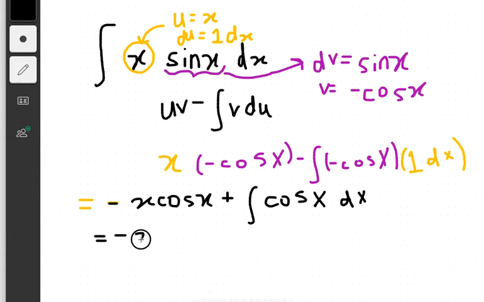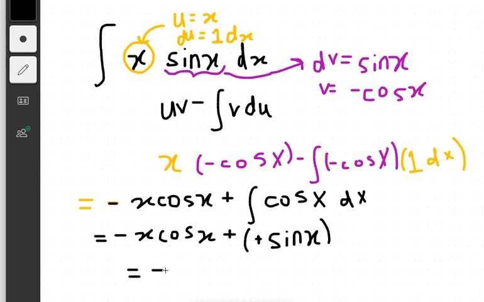equals negative x cos x plus, now the integral of cosine x is sine x, so it's positive sine x.